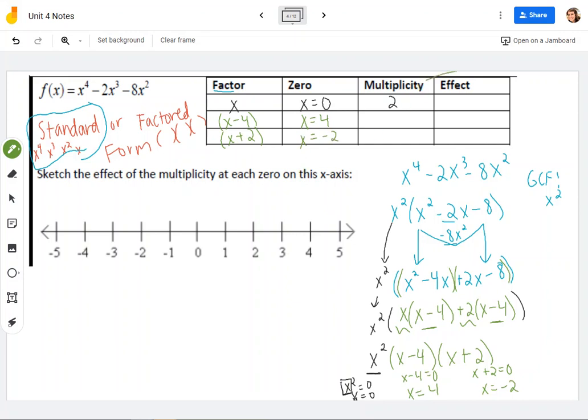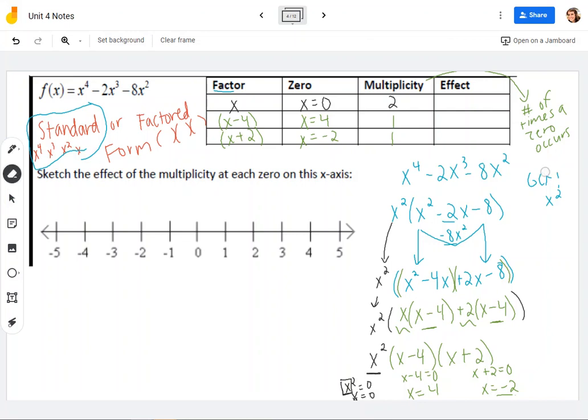Multiplicity, we remember, is the number of times a 0 occurs. So looking at our answers down here, x equals 4 is only occurring one time, so it's got a multiplicity of 1. And the same thing for x equals negative 2.